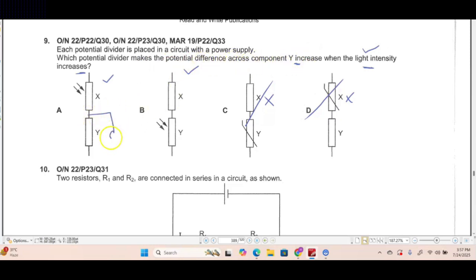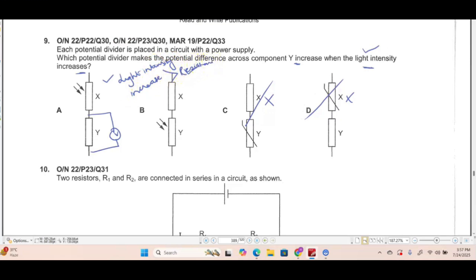So here the reading on the voltmeter should increase when the light intensity increases. Okay, in this case, if the light intensity increases, this means that the resistance has decreased.